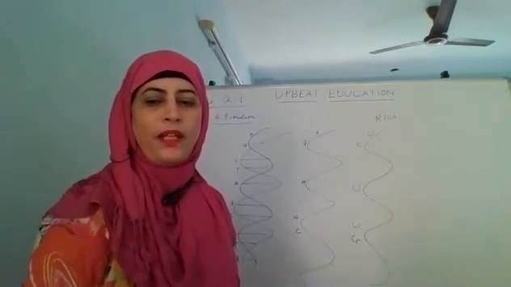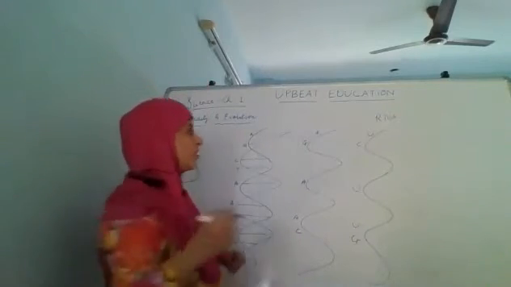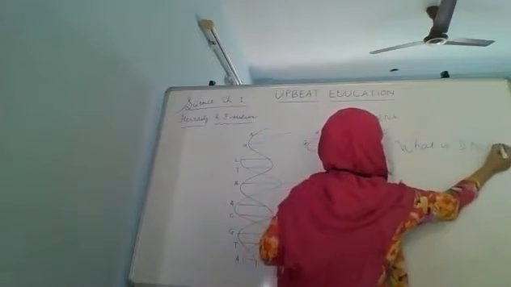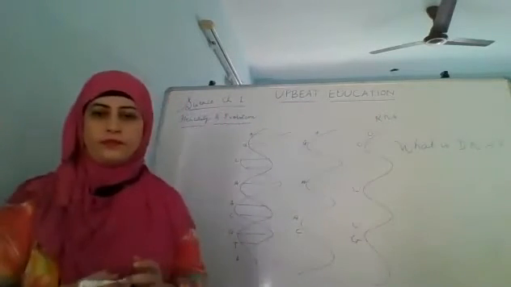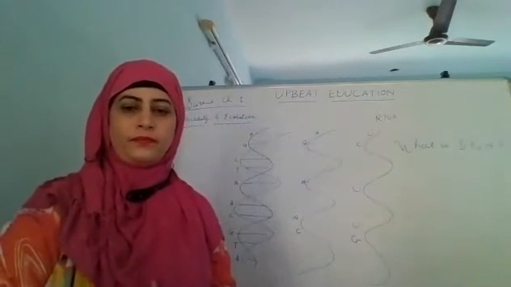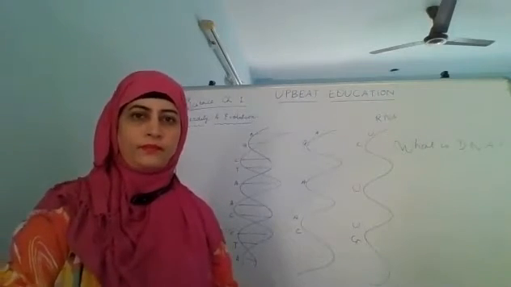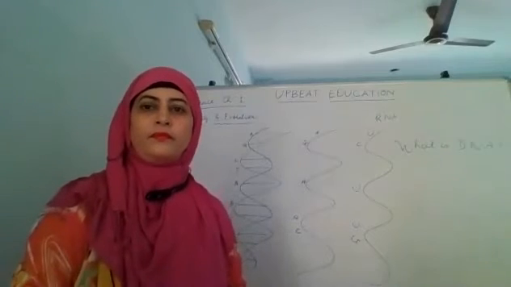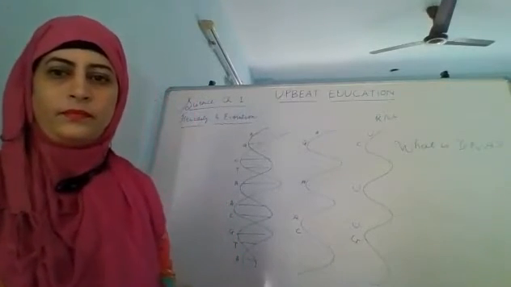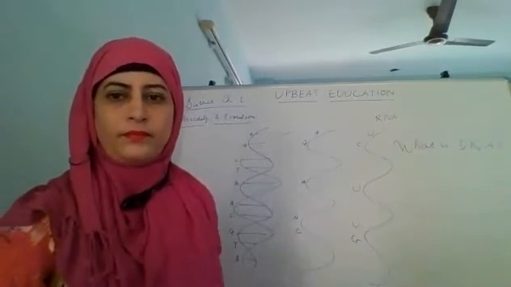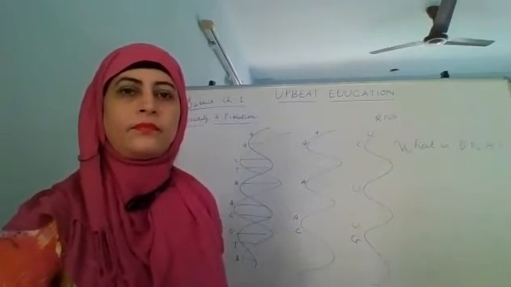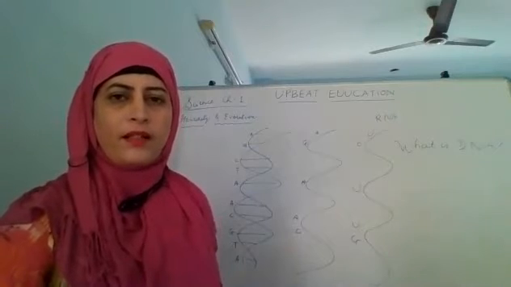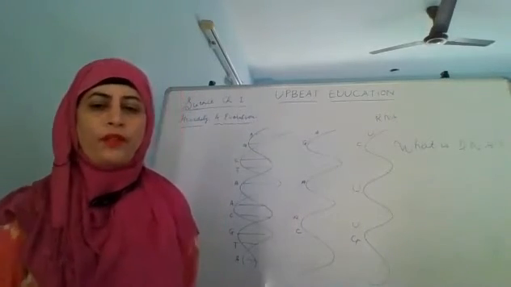Chromosomes are mainly made up of DNA. The question is, what is DNA? The answer is, chromosomes are mainly made up of DNA.